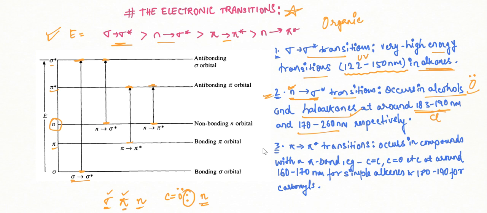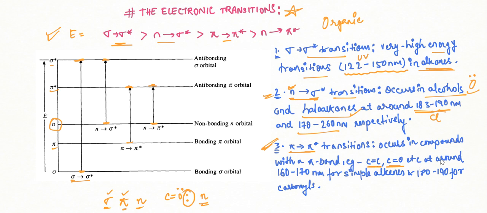Then we have the most important and most studied transition, the pi to pi star transition, because it is mostly studied in compounds where there is unsaturation. It can be a carbon-carbon double bond, carbon-oxygen, carbon-nitrogen, and so on. There must be unsaturation and a pi bond to be able to study this band.